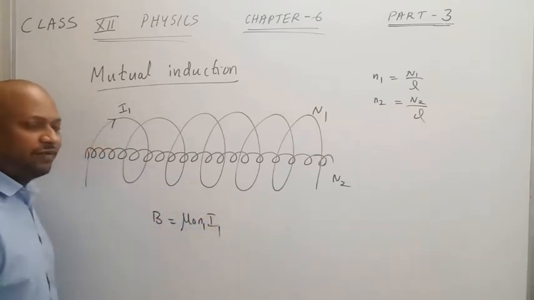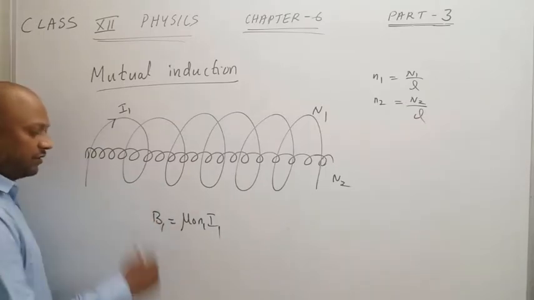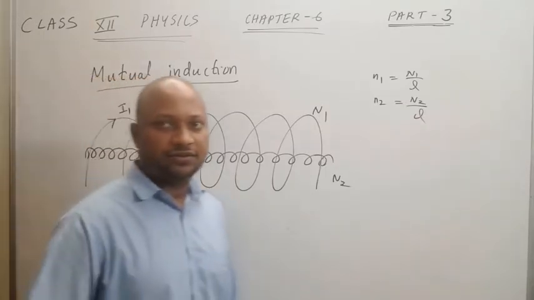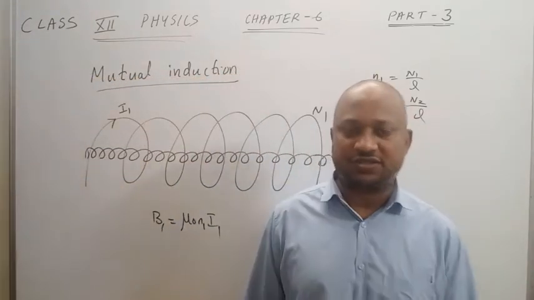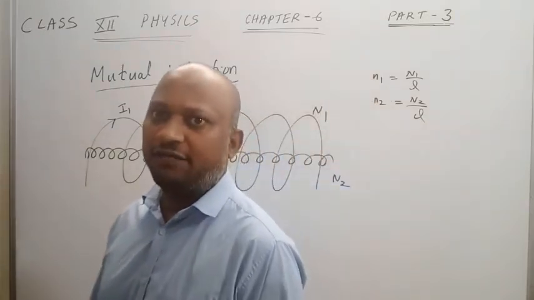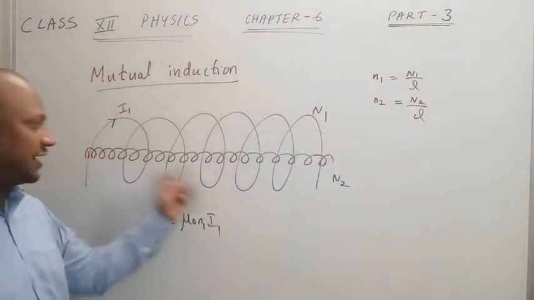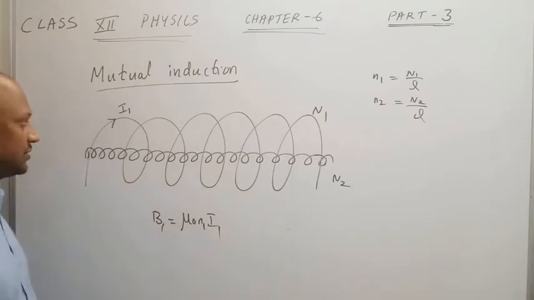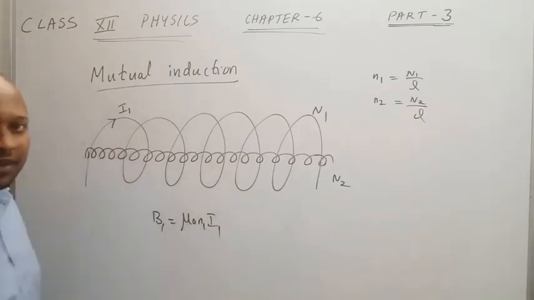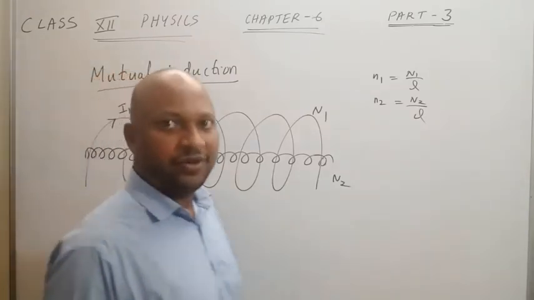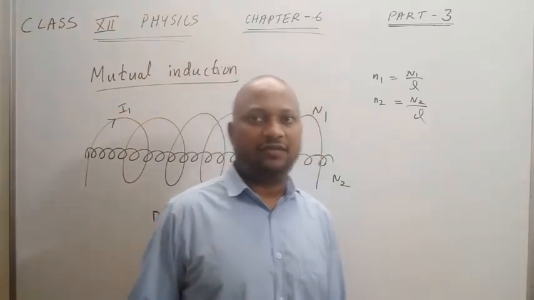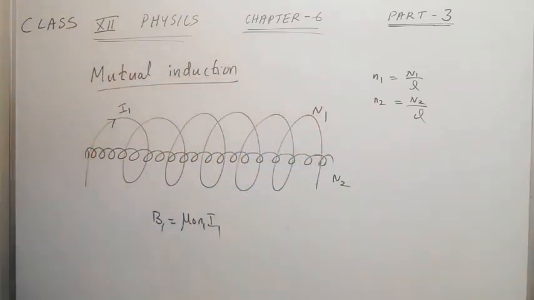That is the magnetic field created by the first coil, the bigger coil. The magnetic field exists inside the second coil also, because the magnetic field is inside the solenoid, and we have to find the flux related to the second coil now.